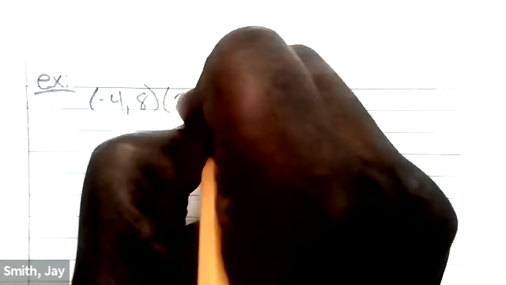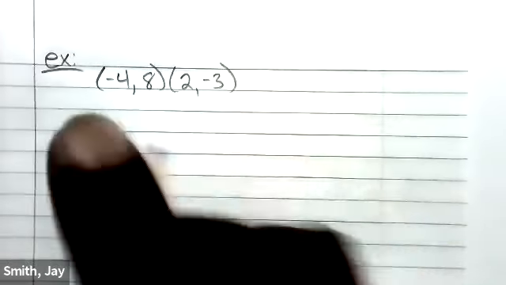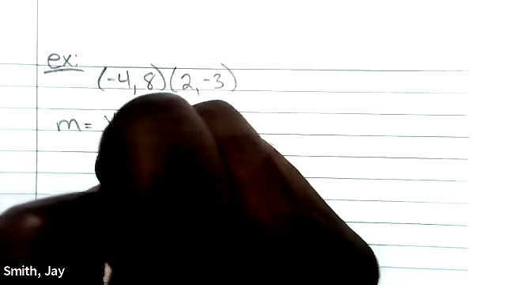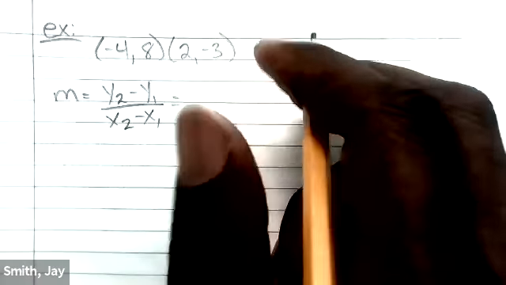So a quick example of this. We're given 2 points. Let's say -4, 8, and 2, -3. And we're asked to find the slope. From the formula, m is equal to y2 minus y1 over x2 minus x1. I typically write out the formula every time just because it limits the mistakes.